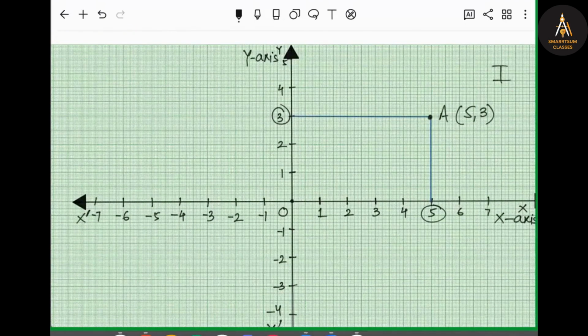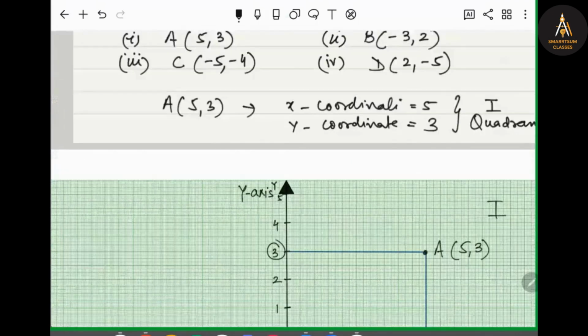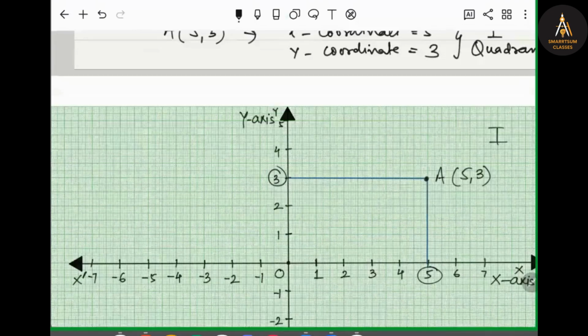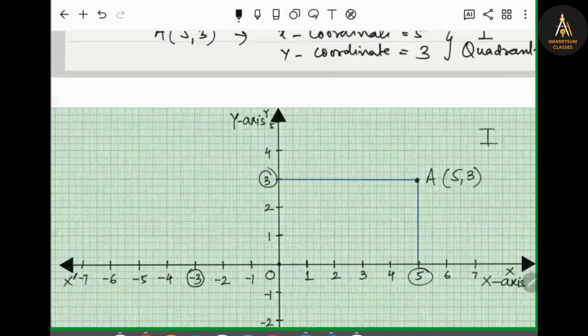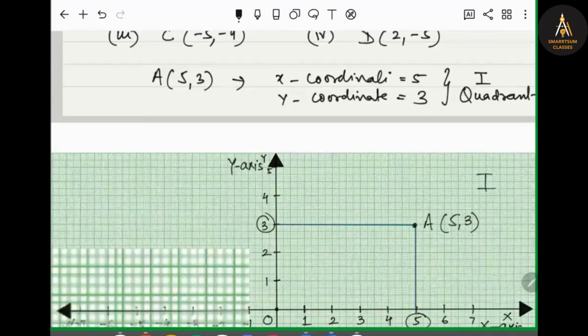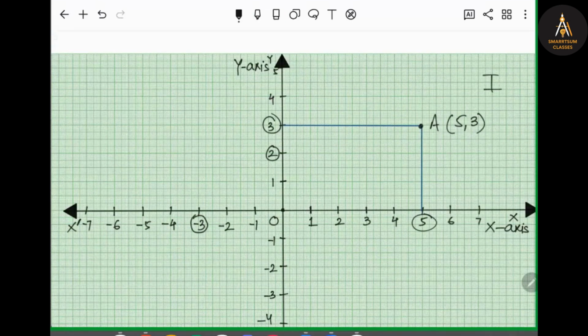So now let's see. What is the value of X coordinate? It is minus 3. So first go to minus 3. So this is your minus 3. And Y coordinate is 2. So go to here. Right? Now draw the lines perpendicular over these values of X and Y. Okay, so this is the perpendicular line at minus 3.